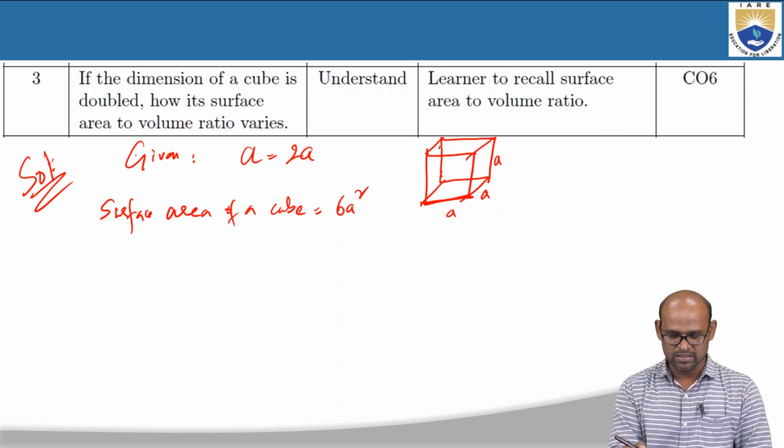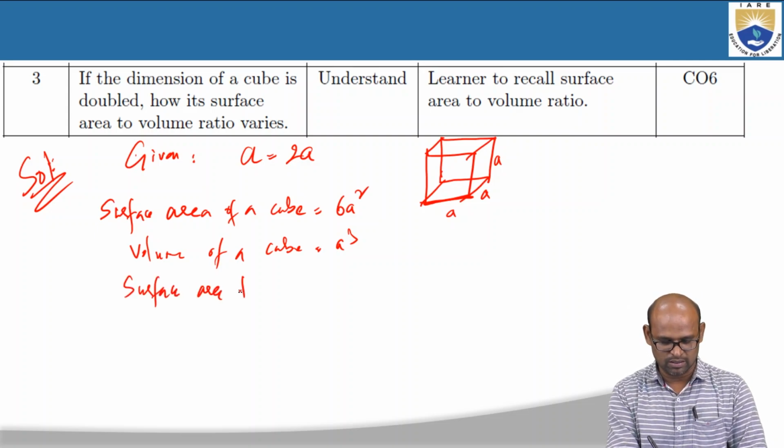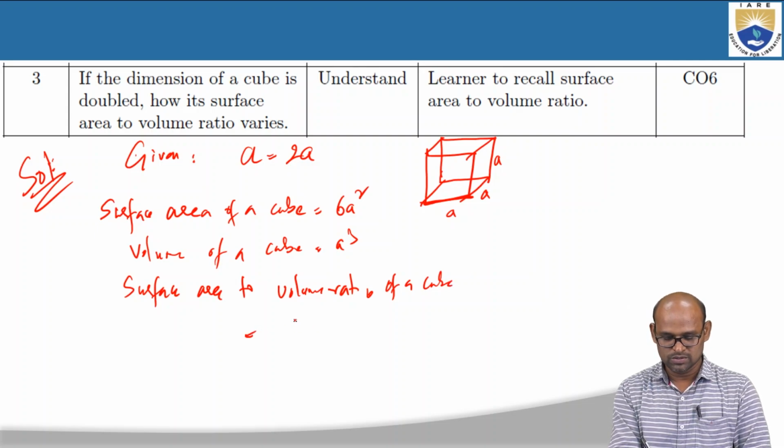Volume of a cube is a cube. Then the surface area to volume ratio of a cube will be 6a square divided by a cube. So that is 6 by a.